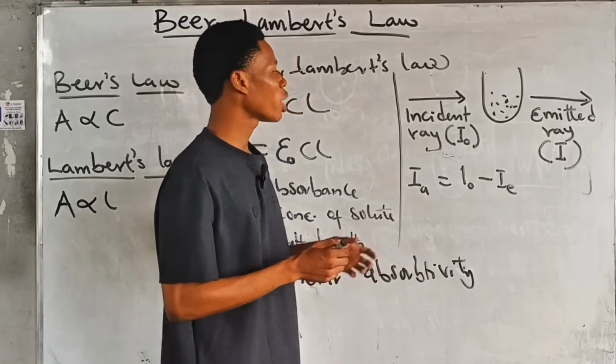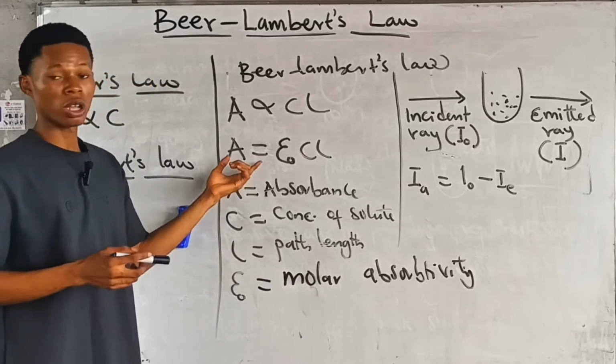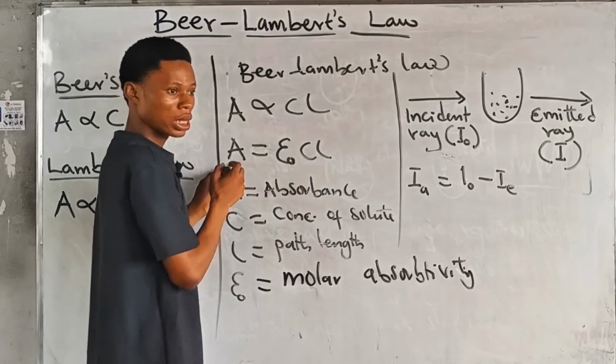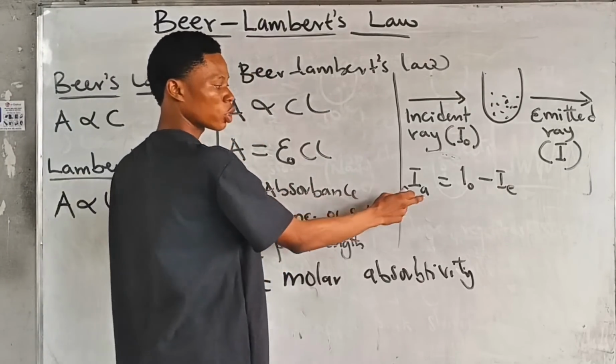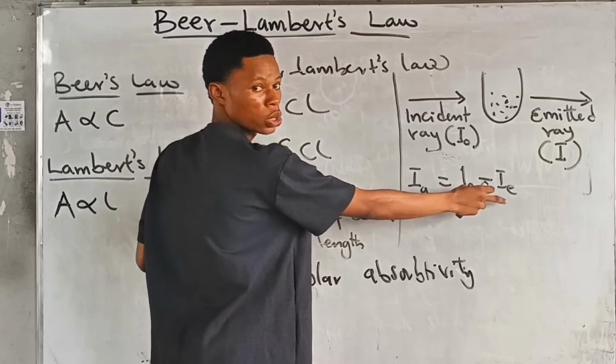Now, if we want to restate the Beer-Lambert's formula, remember we started with absorbance, and to check the absorbance we said the incident ray minus the emitted ray.